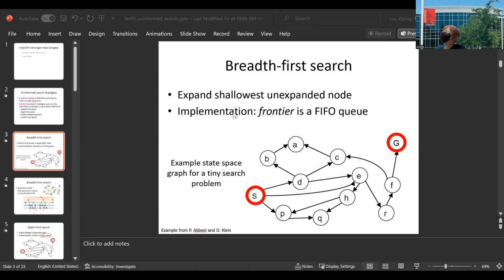Here it gave us an example of breadth first search. And last class we discussed that the search state space can be abstracted using a graph, with vertices and edges. The node represents a state, and you transition from one state to another.